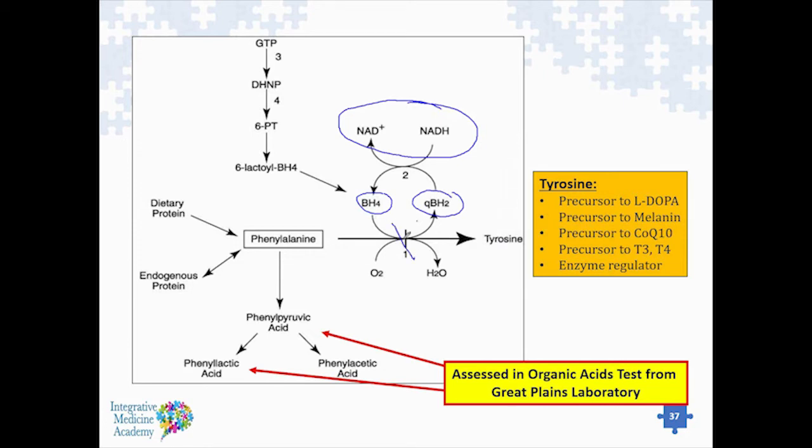Or perhaps we've got an enzyme block between phenylalanine and tyrosine. What you can start to see on the organic acid test is an accumulation of certain chemicals, particularly phenylpyruvic and phenyllactic acid. These are picked up on the organic acid test under the amino acid metabolites on the last page.